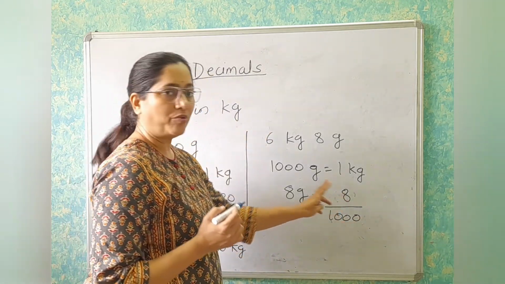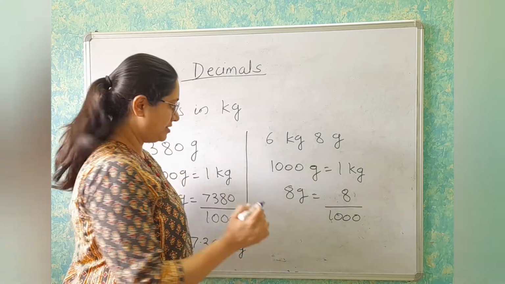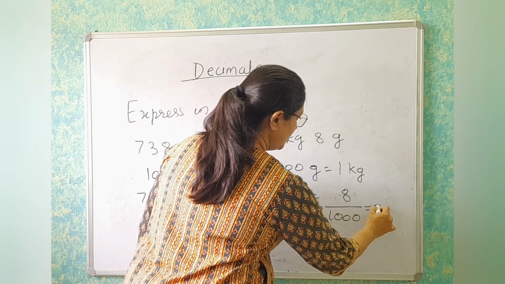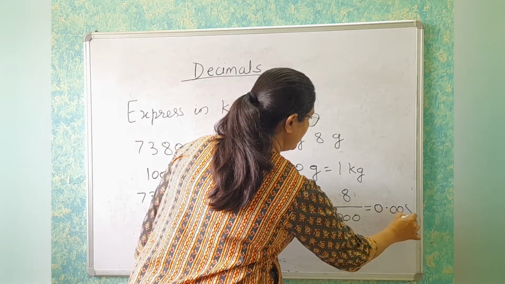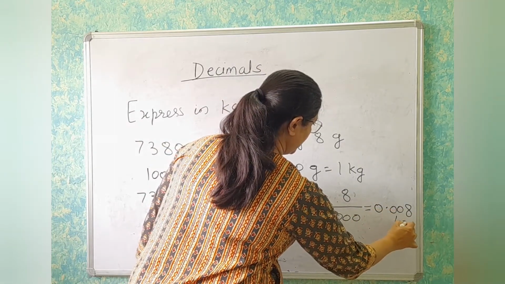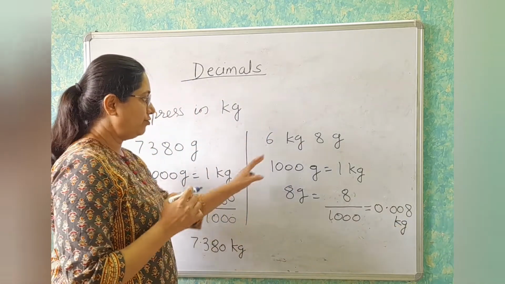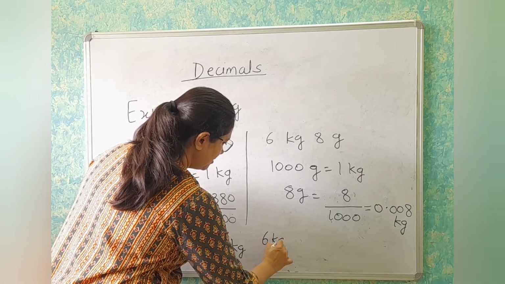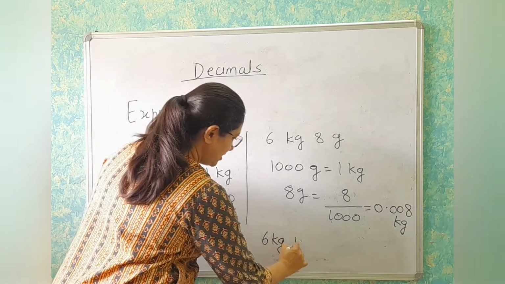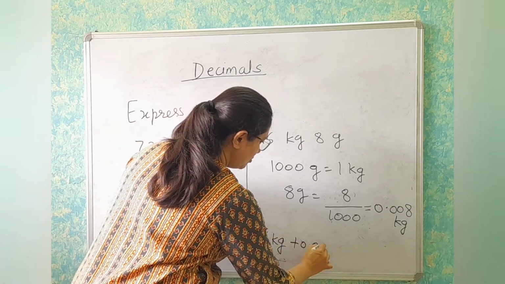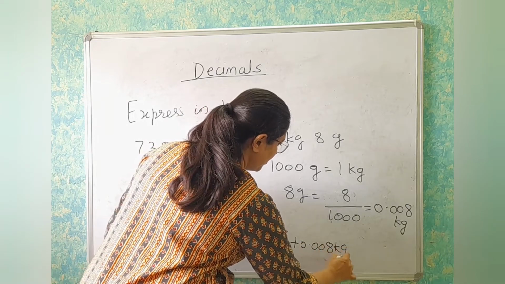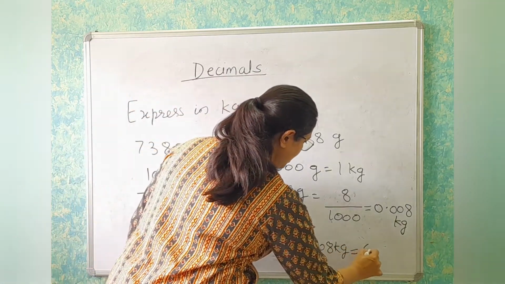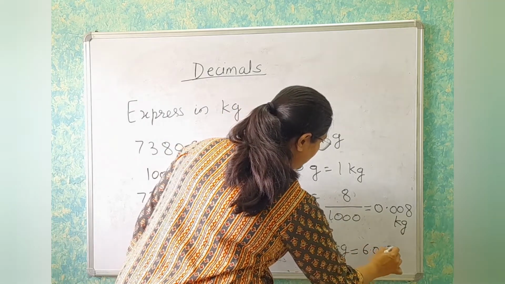So our decimal point will shift to 3 places. And the answer will be 0.008, and now it is kilogram. Now we have 2 quantities. First one is 6 kg and second is 0.008 kilogram. Now I will add these two numbers and the answer will be 6.008 kilogram.